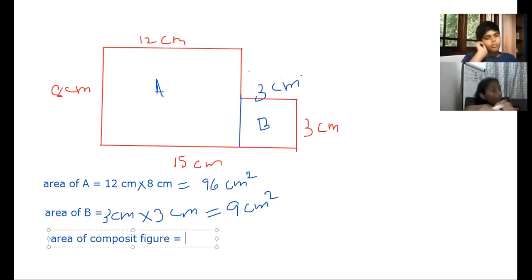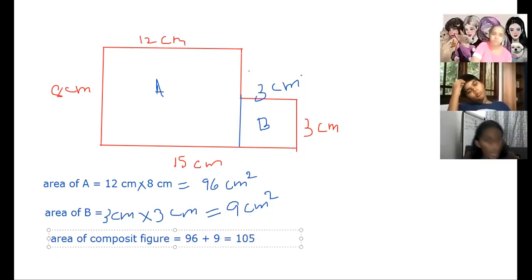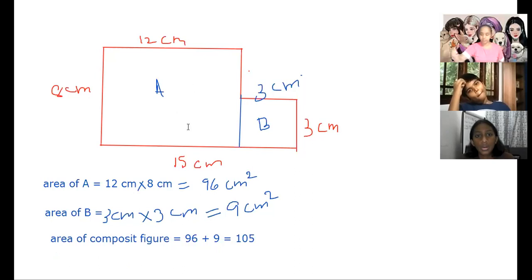You have these two, no? 96 plus 9. The answer we can write as 105 square centimeters. That's the finding method of area.